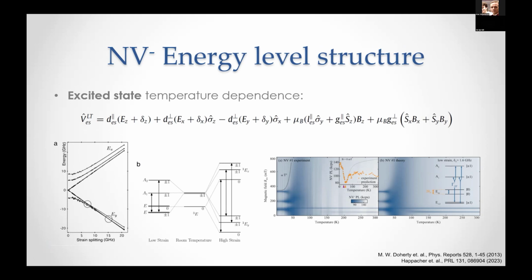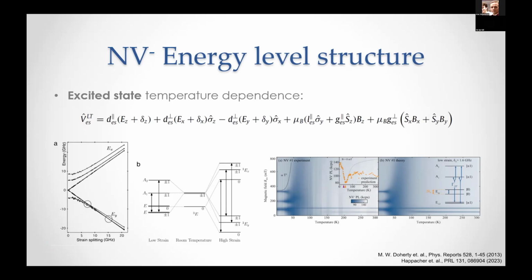That high strain energy. So this is at low temperature, because otherwise you need really high strain to be able to separate it out in this way at room temperature. So this is some low temperature picture.